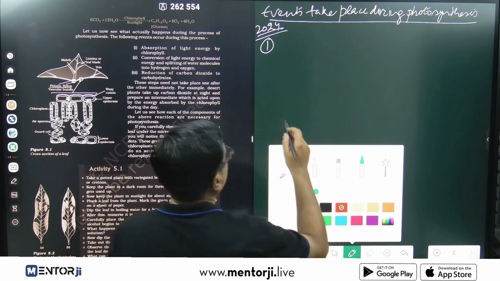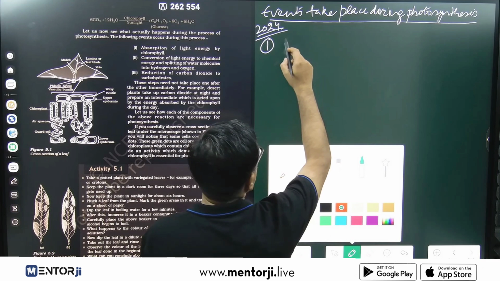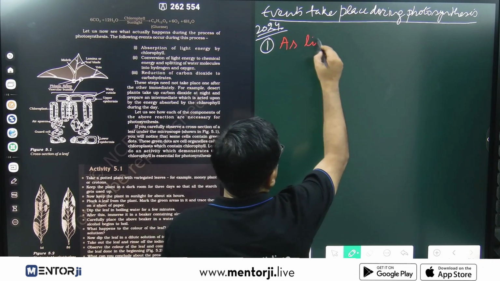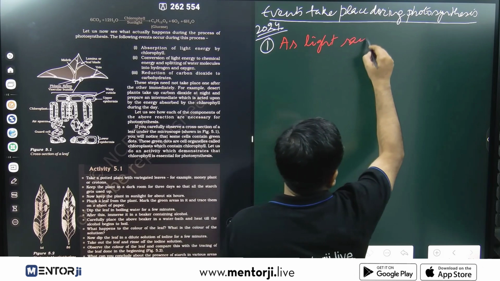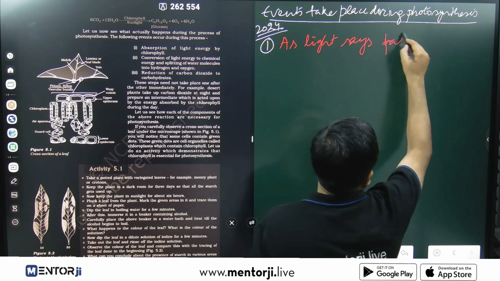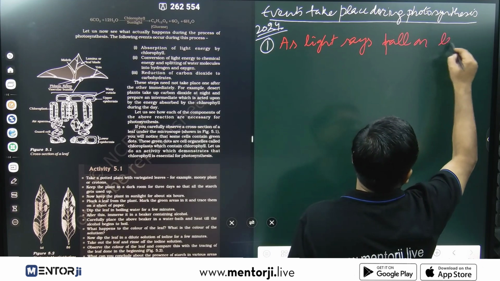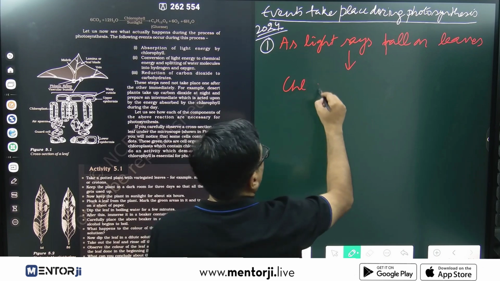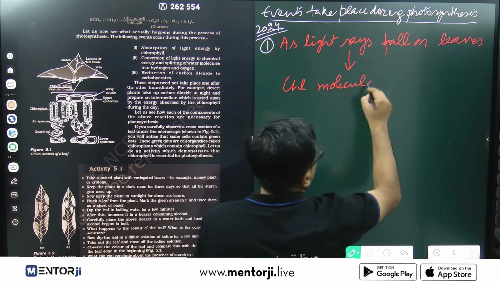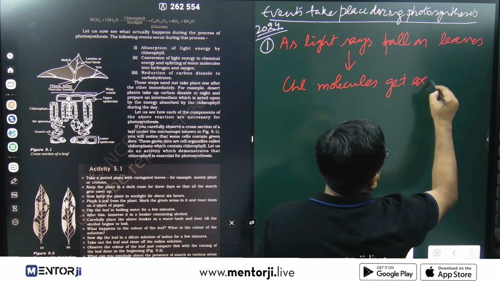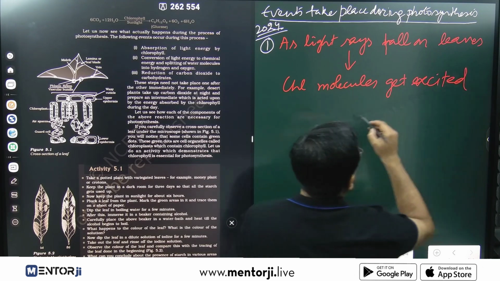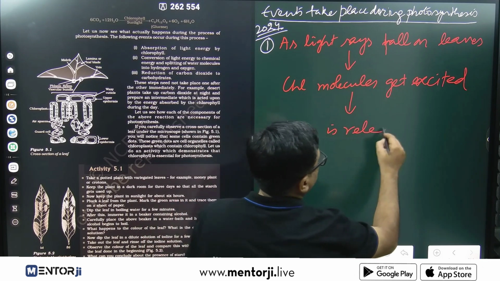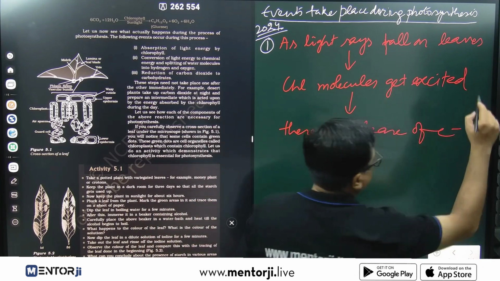During the first event, what will happen: as light rays fall on leaves, chlorophyll molecules get excited and there is release of electrons.